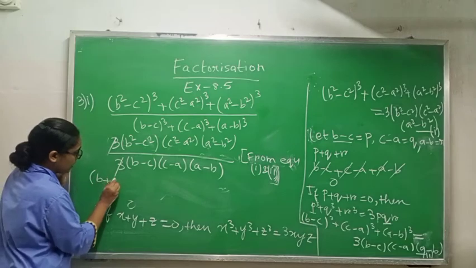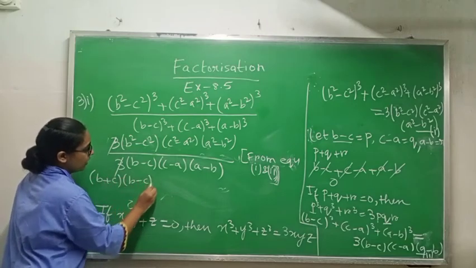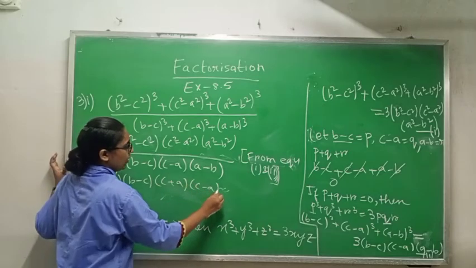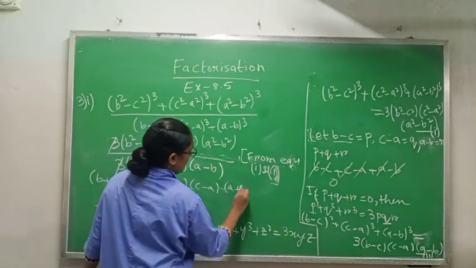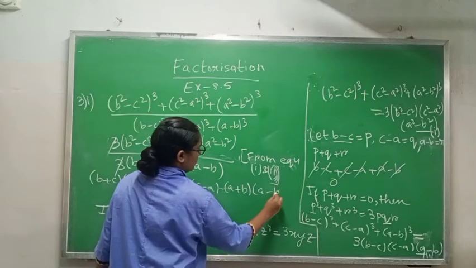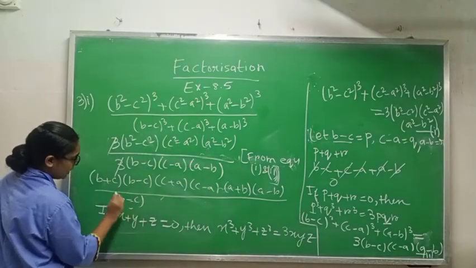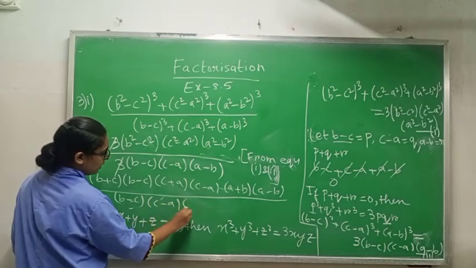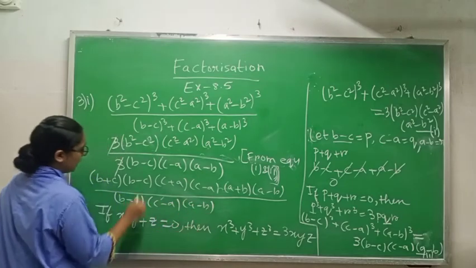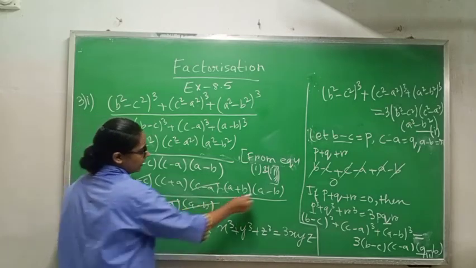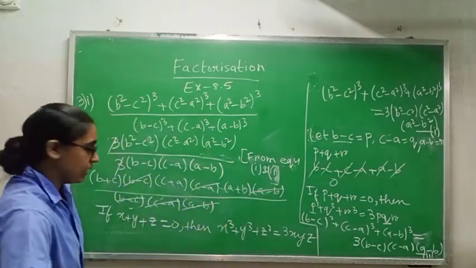So (b + c)(b − c), then for this one (c + a)(c − a), for this one (a + b)(a − b). Okay, this one I will write (b − c)(c − a)(a − b). Now which ones will cancel? (b − c) cancels, (c − a) cancels, (a − b) cancels out.